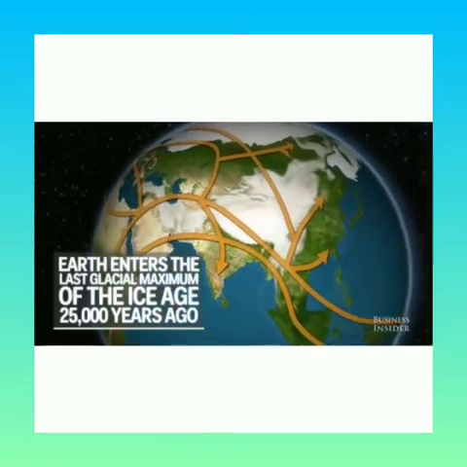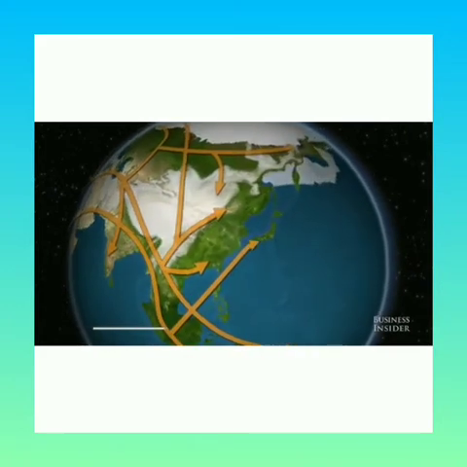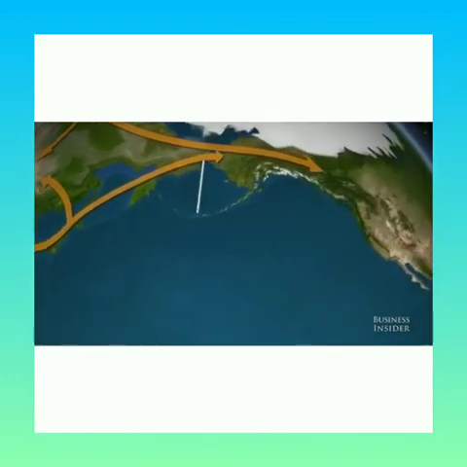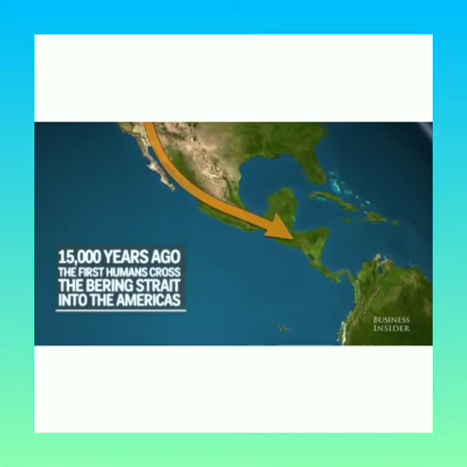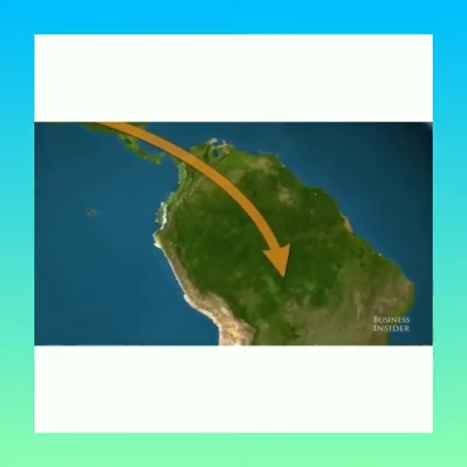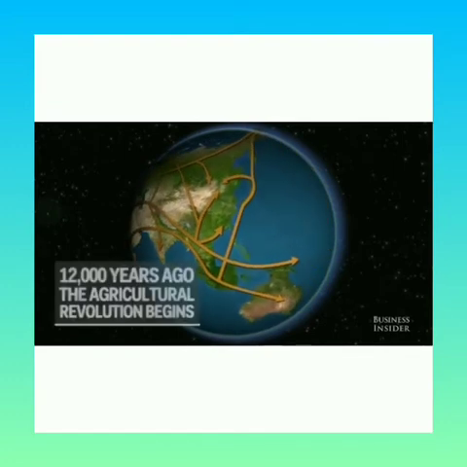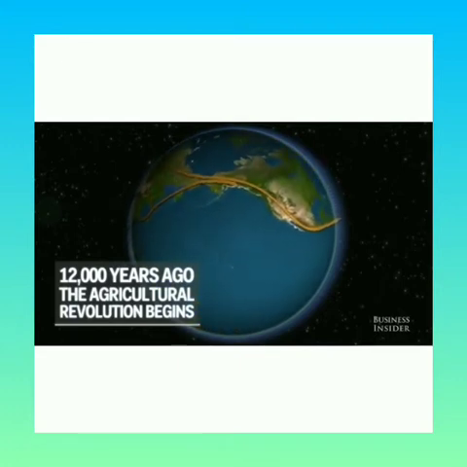Earth enters the last glacial maximum of the Ice Age 25,000 years ago. 15,000 years ago, the first humans crossed the Bering Strait into the Americas. 12,000 years ago, the agricultural revolution begins.